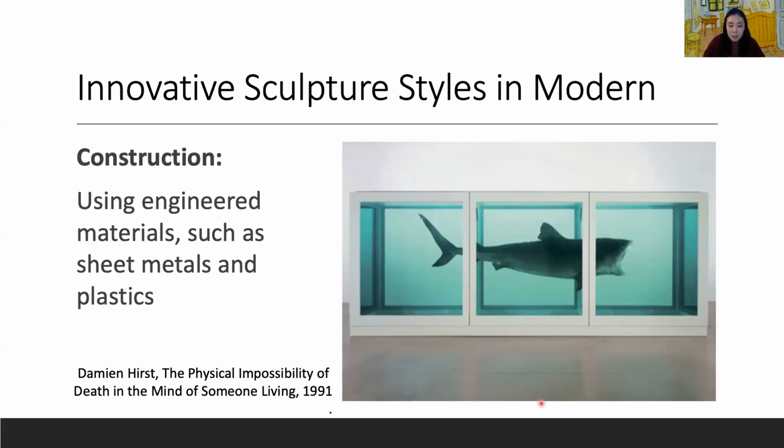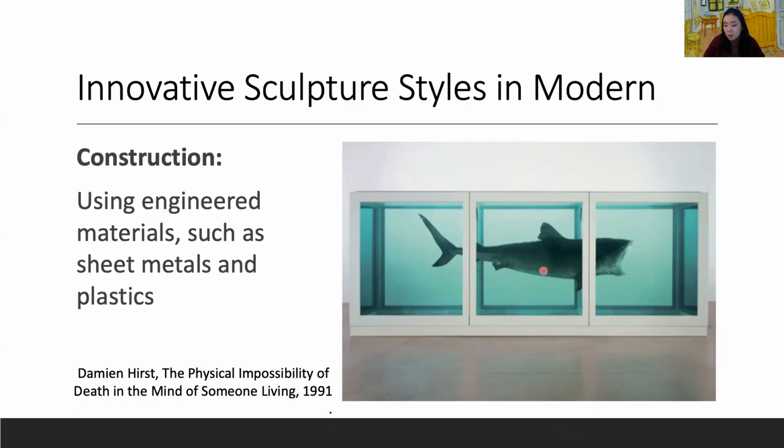So this is British artist Damien Hirst's work, The Physical Impossibility of Death in the Mind of Someone Living. He made it out of a large tank full of formaldehyde in which he suspended a dead shark.